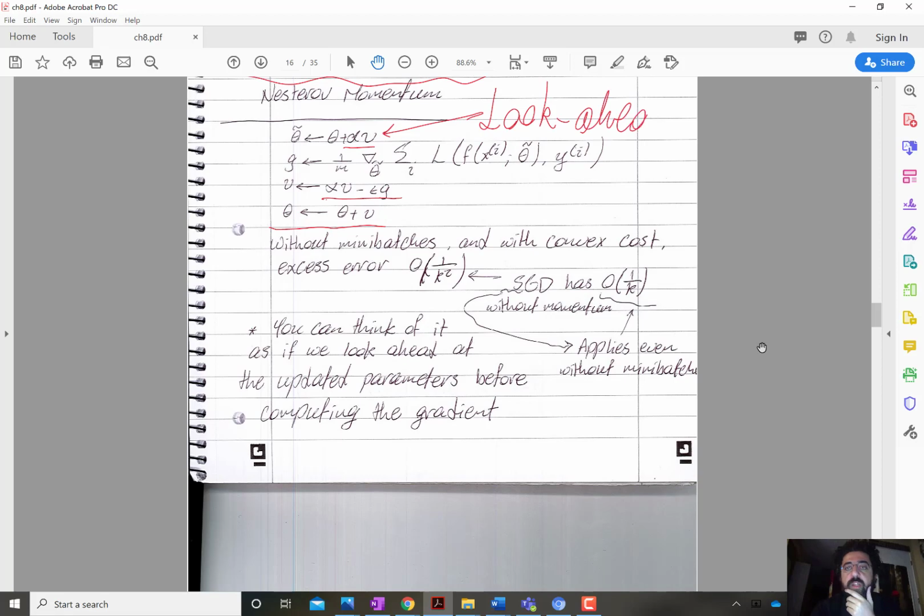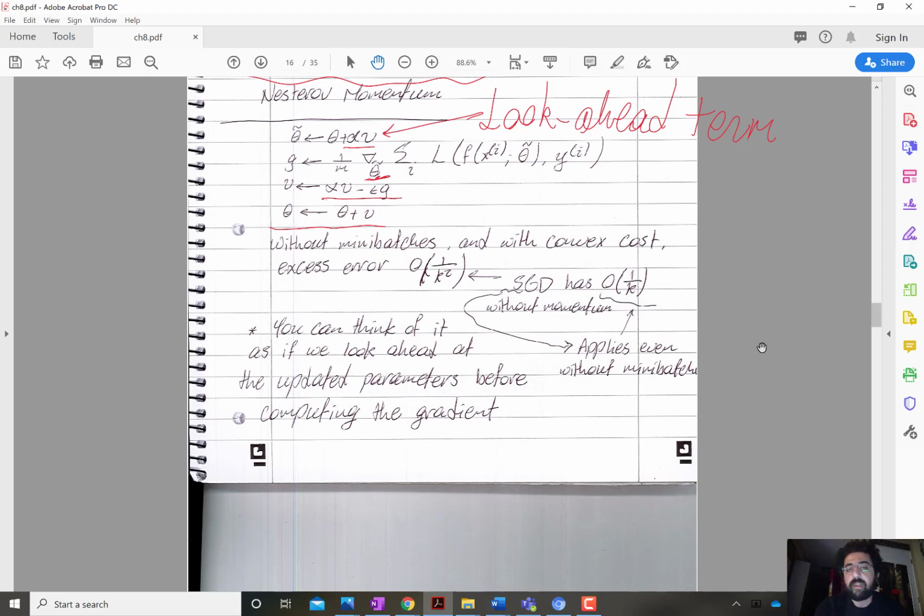The idea is that we look ahead to how the parameter update will be computed, and we incorporate the term that captures the information about the past gradients in the parameter update before computing the gradient. So the gradient is computed based on this theta tilde here, and theta tilde includes the alpha v term.